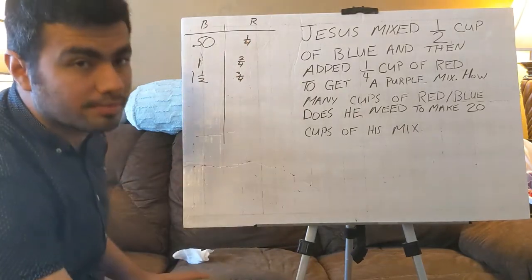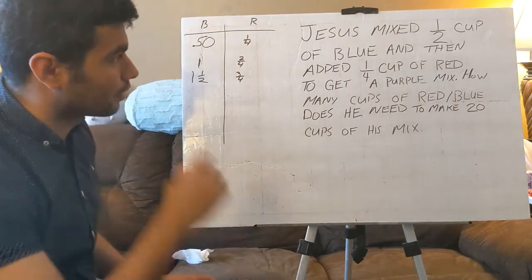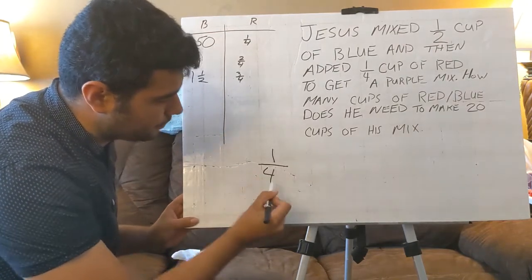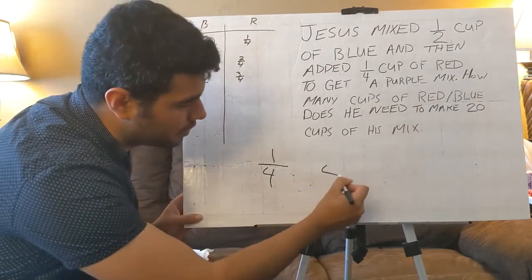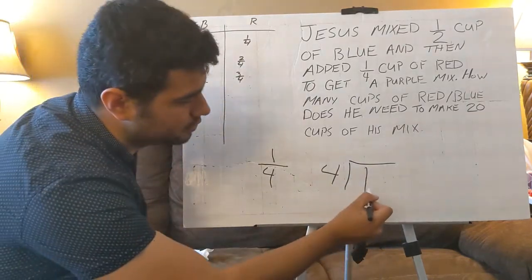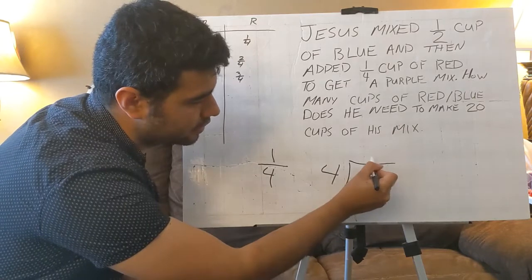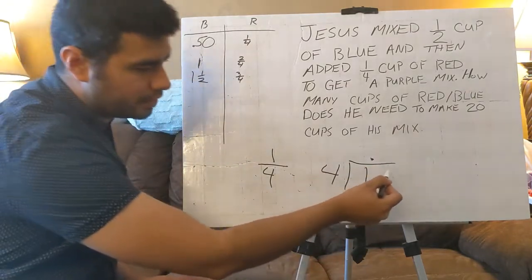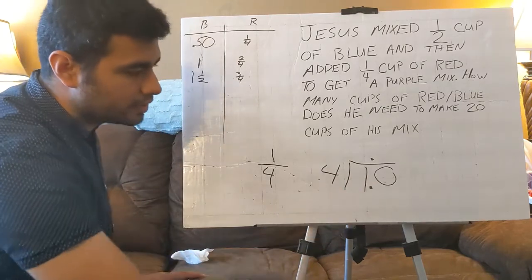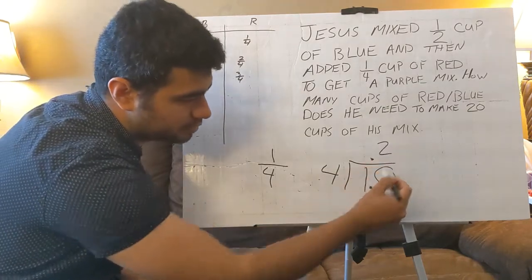Now I'm going to convert my 1/4 or my quarter. I have 1/4. 1 divided by 4. Convert that. We'll use our division tool. Put a decimal here. Okay, 4 does not go into 1. So we add a 0. 4 does go into 10. 4 will go into 10 2 times.